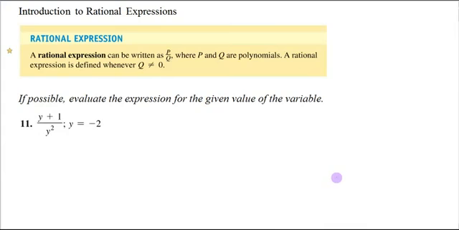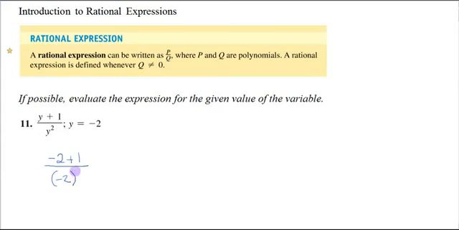Right now we want to just evaluate expressions, and we evaluate by substituting in the value they give us for the variable and finding the value of that expression. So we'll substitute a negative 2 in for every place we see a y. So it'll be negative 2 plus 1 all over negative 2.